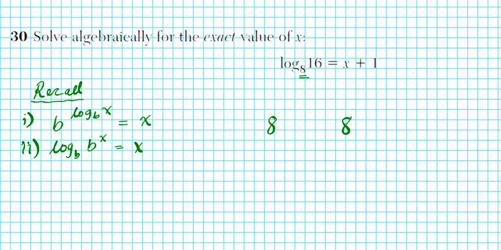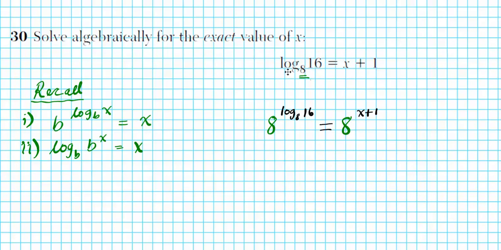Okay, so put a big 8 on the left side and a big 8 on the right side. On the left side, you put a little log base 8 of 16. Okay, so that is equal to, on the right side, a little x plus 1. So I just exponentiated both sides of my equation with 8 as the base.